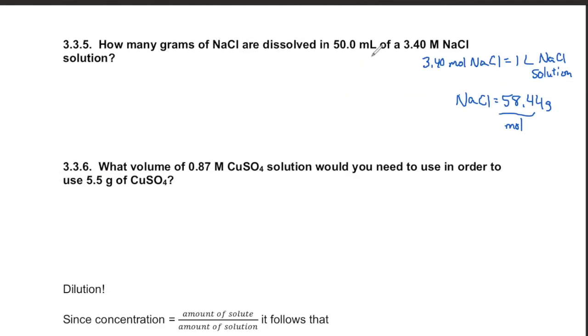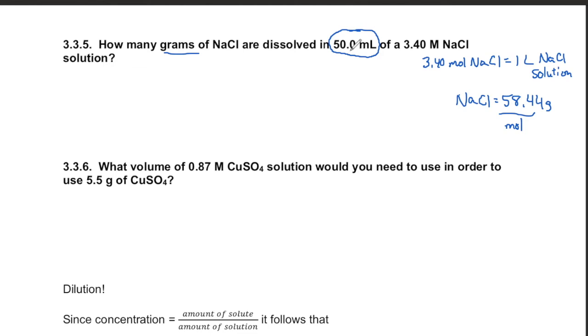Okay, so looking at this next problem, I went ahead and wrote the concentration as a relationship because we're probably going to have to use it that way. And then I also noticed that we are talking about grams of sodium chloride, and so I wrote the molar mass of sodium chloride as well. So these are our relationships. The actual amount that we are trying to convert is the 50.0 milliliters.